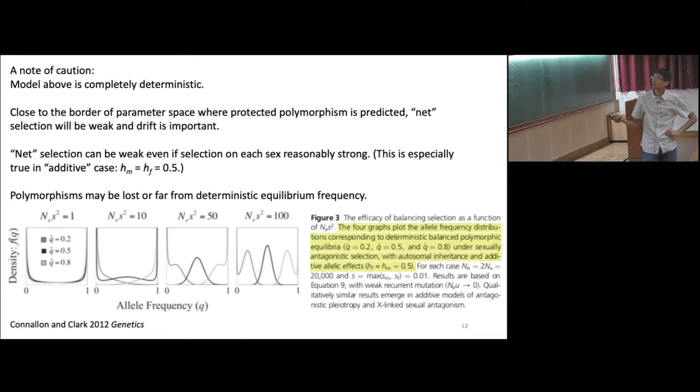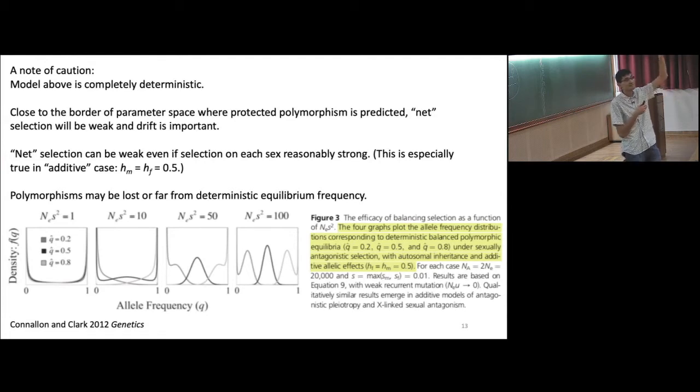So this figure shows a dramatic case of that, where here in a large population, this is using the scaled selection coefficient that Guy was mentioning before. I like to think of these things as selection relative to the force of genetic drift.